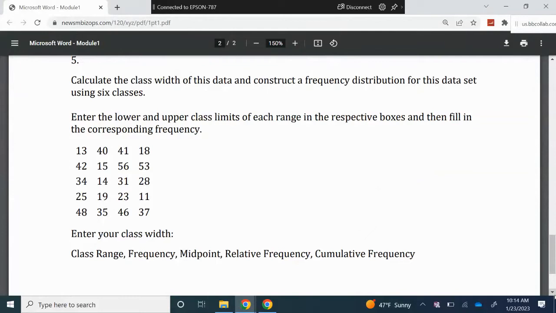Enter the lower and upper class for each range, and then fill in the appropriate frequency. And then we also have to list out the class range, which is actually the class width, the frequency, for each class, the midpoint for each class, the relative frequency for each class, and the cumulative frequency.